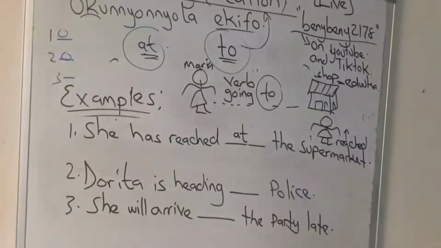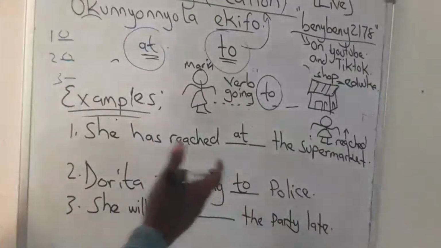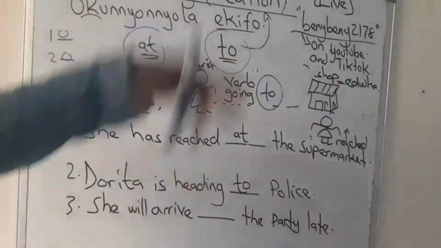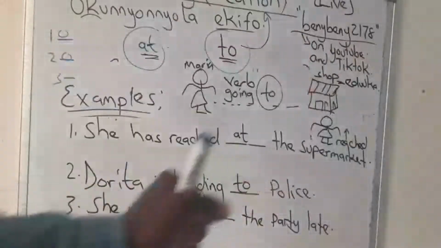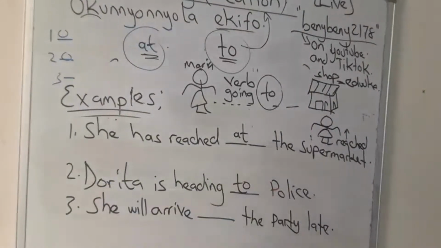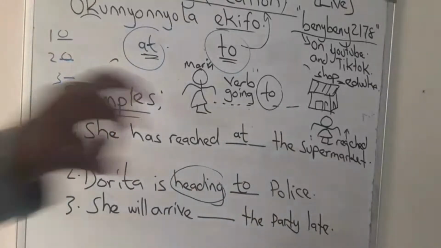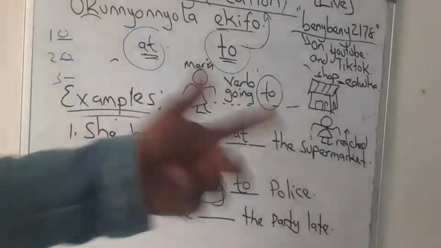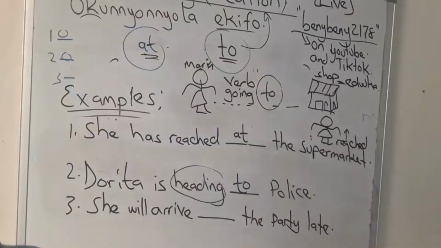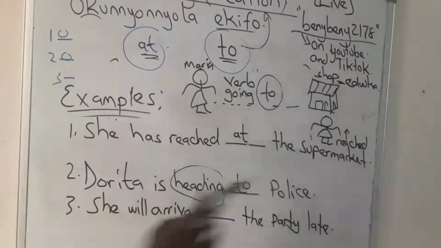What is the answer? The reader is heading to. So heading kitegeeza mutwe. Heading kitegeeza agende wantu. You are heading somewhere. Okay? So here we use the reader is heading to police. Heading eno kitegeeza mutwe oba ekintu ekikulembera, itegeeza to proceed oba to move to somewhere. I am heading to work. I am heading to the office. So the reader is heading to police.